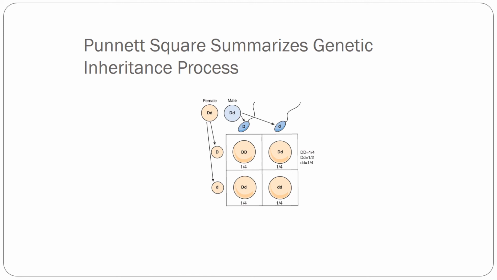So if you think about the square here, the recessive trait will occur only in 25% of cases.